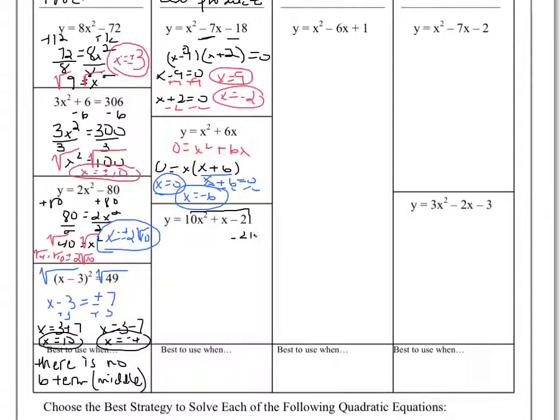Remember when we have a coefficient, we have to multiply here. And then we want two numbers that add up to the middle term, which is the number 1. Okay, so -14 times 15 gives -210, and -14 plus 15 adds to 1.